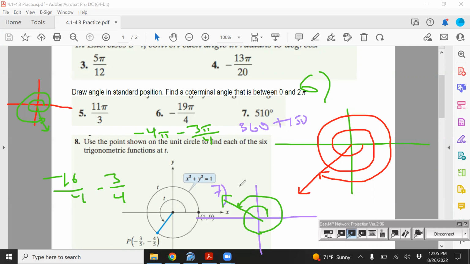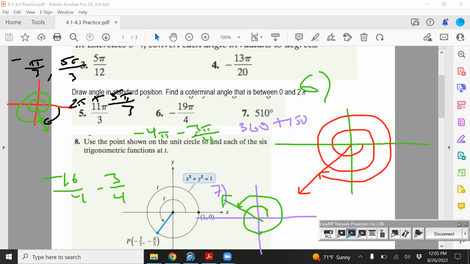Okay, now coterminal angles. I'll do this in different colors. Let's go black. So here, I'm going to say negative pi over 3 or 5 pi over 3, because remember that was 2 pi plus 5 pi over 3. And negative pi over 3 if I go clockwise, right?